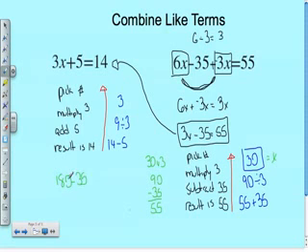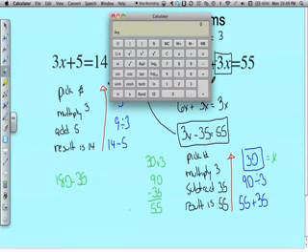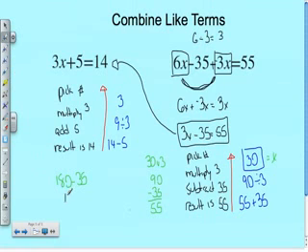I'll check my work by picking a number. The number we picked was 30. Multiplied by 3 is 90. Take away 35, and we get 55. So we know that x equals 30.